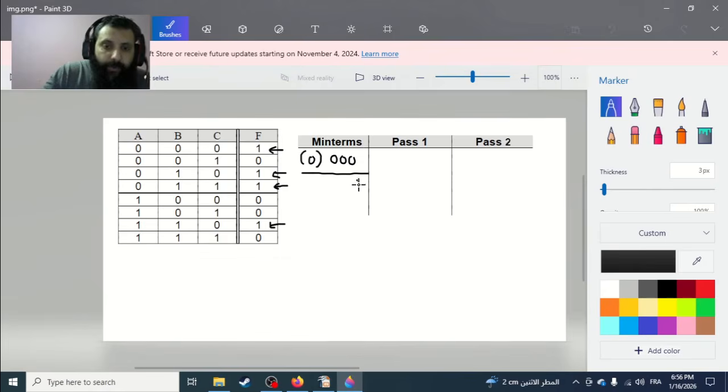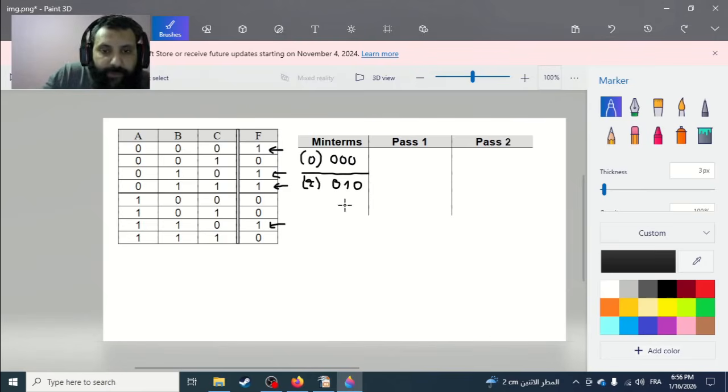The second group here is the min terms with only one 1. We need only one 1. For instance, this one contains only one 1. It's the value 2 in binary, and it's written 010, like this. We have only one 1 here. This is the second group.